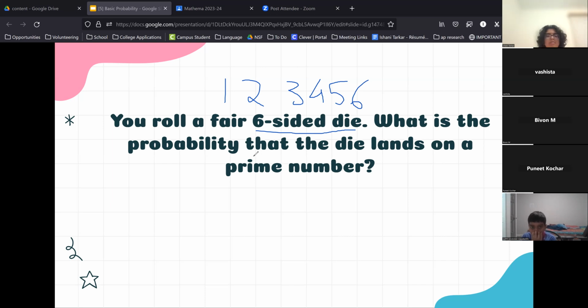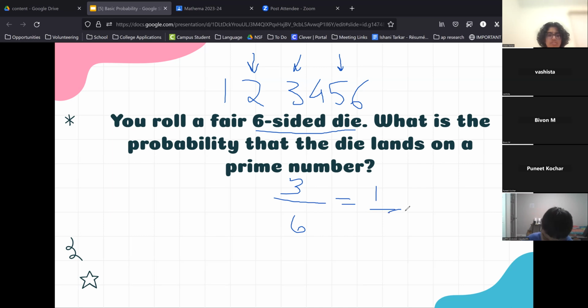So our prime numbers are 2, 3, and 5, meaning that the total number of desired outcomes is 3, while the total number of outcomes is 6, right? So the probability is 3 over 6, which is equal to 1/2, or 50%.